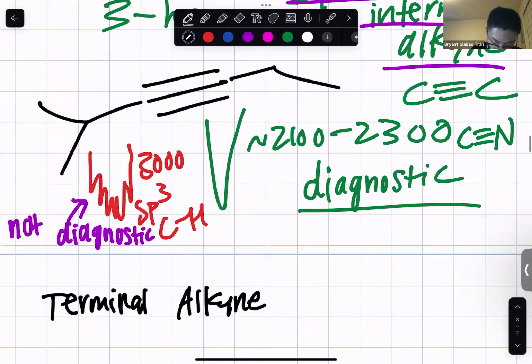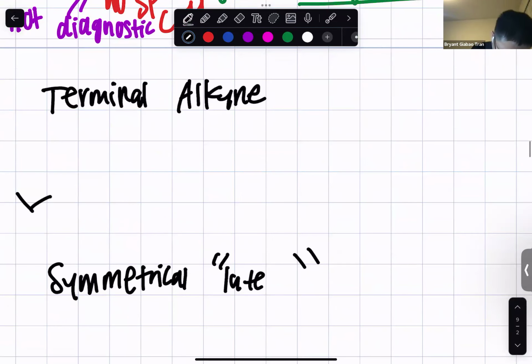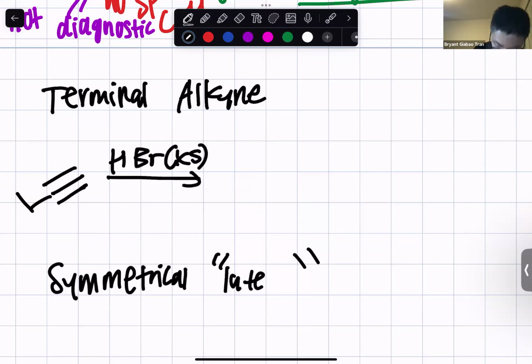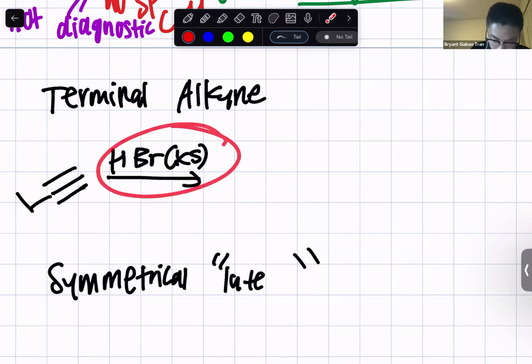Okay, so for a terminal alkyne, let's say we have something like this, and we react it with excess HBr. Think of this back in the midterm 1 material with alkenes. This is going to be Markovnikov, where we want to form the more stable carbocation, which is the more substituted position here.